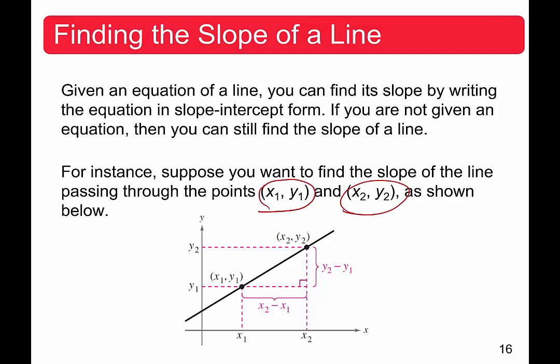Now basically, we know that slope m equals vertical change over horizontal change.